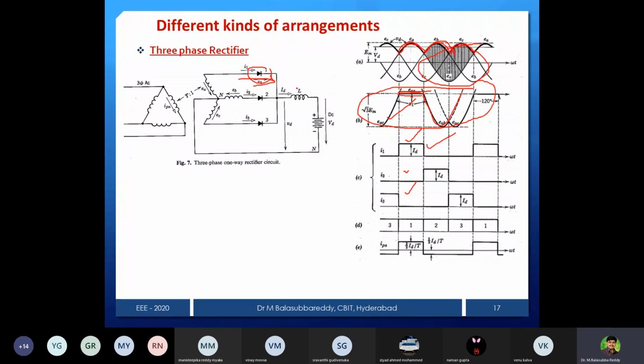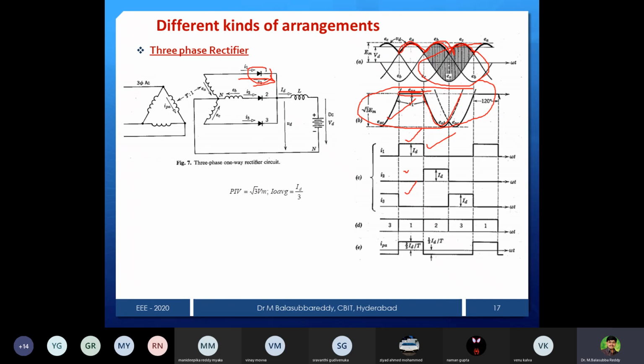You are able to get the output voltage waveform at different instants. I also represented the current, during which instant the current is going to be available: from one crossover to the next crossover, current is there for I1, meaning the I1 device is conducting and carries the current, whereas when I2 is conducting, again it carries the current, and so on.